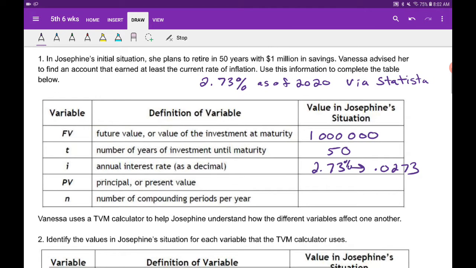All right. Principal value, this is what we want to find out for Josephine and her client. We don't know what that is. So how much money does she need to have up front to sit in there and grow to $1 million when she retires? Okay, and N is the number of compounding periods. Since we're dealing with inflation, let's just say annually.